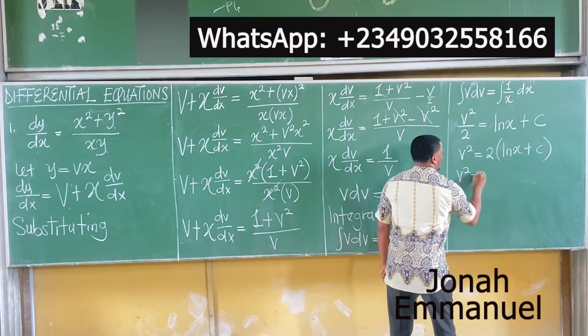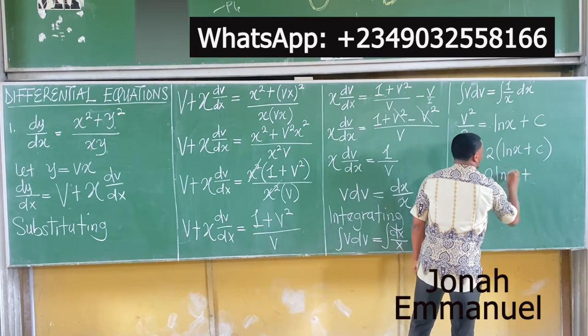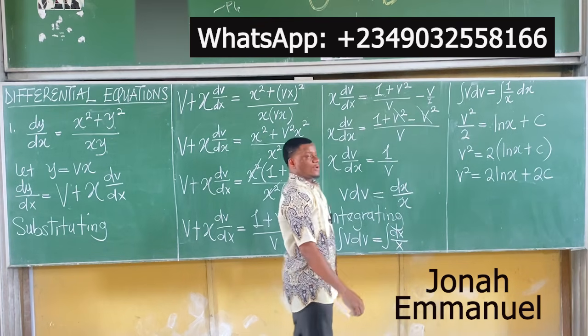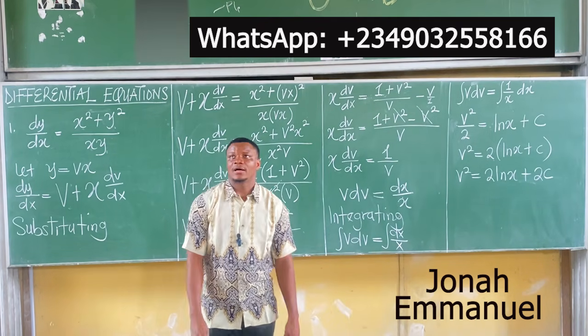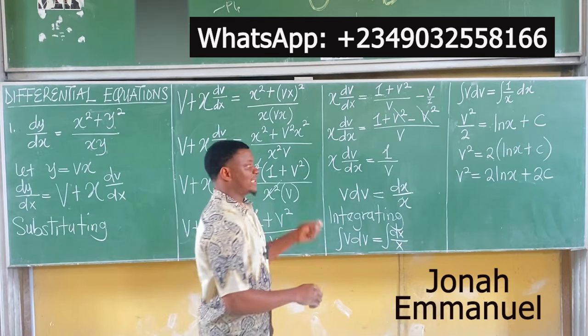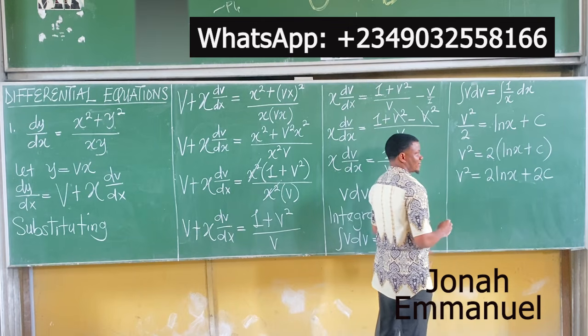So v squared is equal to 2 ln x plus 2c. We don't want v; the initial variables were in x and y. So at this point, your next task is to recall what v and x mean.